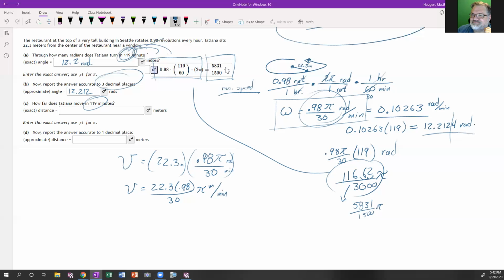If we want to know how far that goes in 119 minutes, well, velocity times time is distance. So that 22.3 times 0.98 divided by 30 times pi, don't forget the pi, multiplied by 119 minutes for our time, that's going to give us distance.